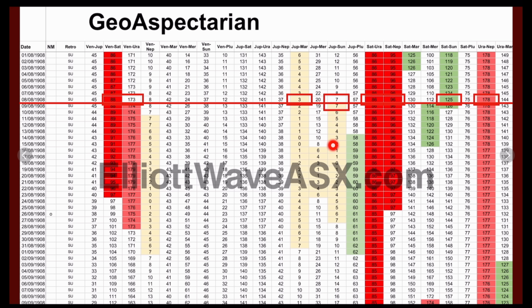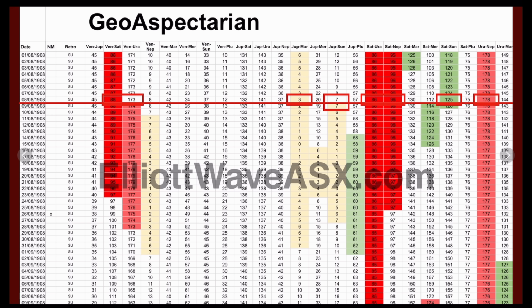Jupiter-Sun will soon be conjunct, and remember the Sun is fast moving, so it will be conjunct in a number of days. Saturn-Uranus is at 90 degrees, as is Saturn and Neptune. We've got Saturn and the Sun just coming away from a trine at 120 degrees, and we've got Uranus and Neptune opposite at nearly 180.